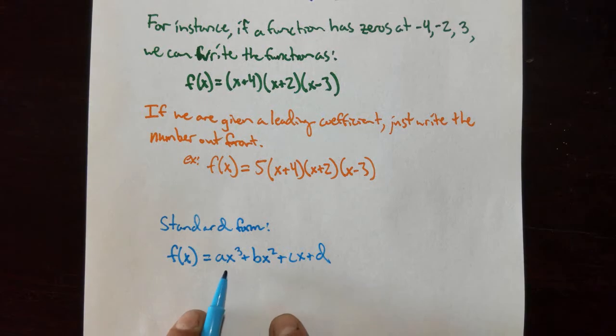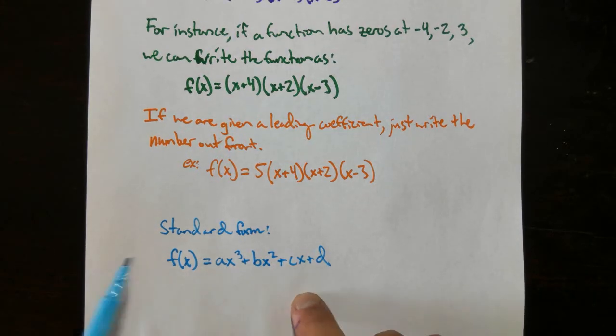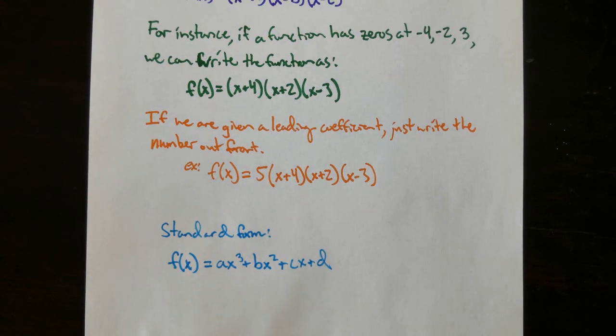We're all familiar with this form, right? Where it's just all written out, there are no parentheses. So sometimes we're going to have to write it in factored form, sometimes we'll have to write it in standard form. And for all of these examples, we're going to do both, just so I can show y'all. So let's go over some examples.